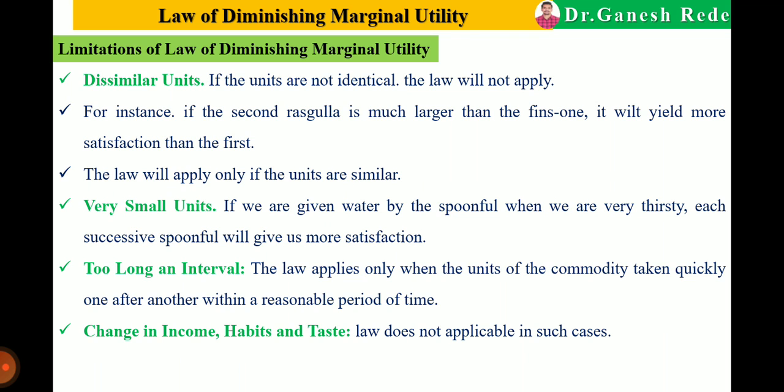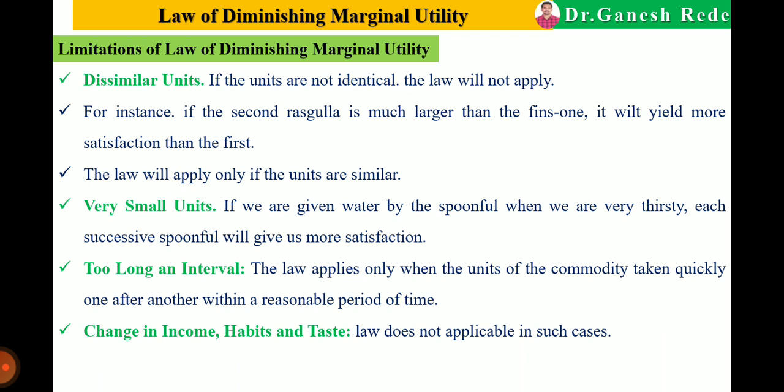The law applies only when the units of the commodity are consumed quickly one after another within a reasonable period of time. If we take a time interval between the eating process or between the consumption process, this law is not applicable in such cases.